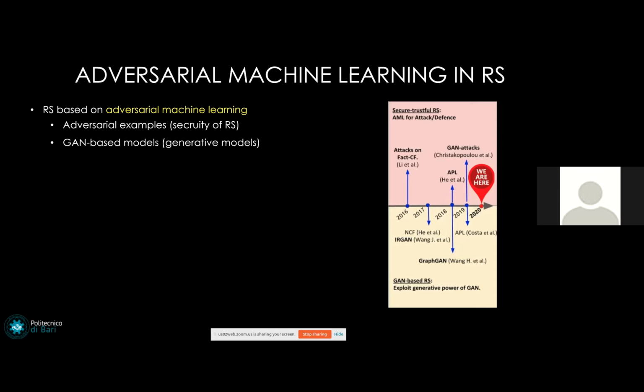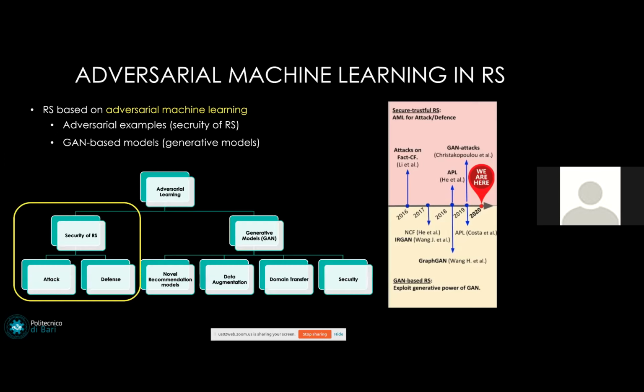So we consider the first part as the principal application of adversarial learning, at least for this tutorial, and the second part a derived topic, based on the same learning paradigm used in adversarial machine learning.